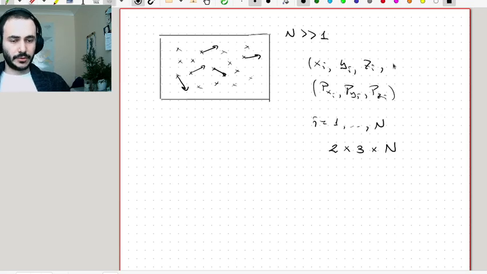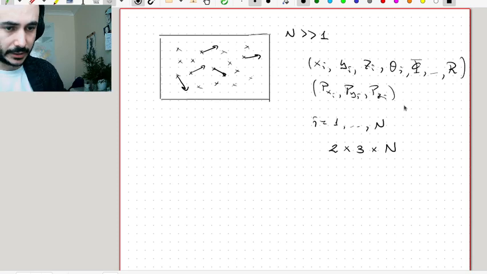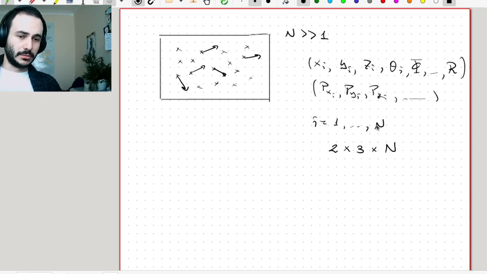So there could be rotation, so you would get some additional angular coordinates, and there could be vibration, so you would get some distances that are oscillating harmonically, and so on. And of course the number of conjugate momenta will grow in the same way. So in general, if you have f degrees of freedom, the number of items of data that you need to supply to fully characterize the mechanical microscopic system of this gas is 2fN.